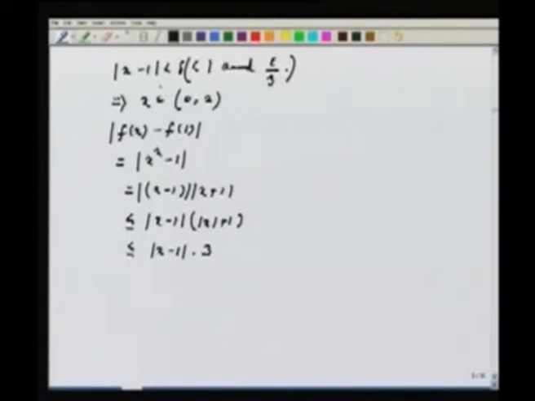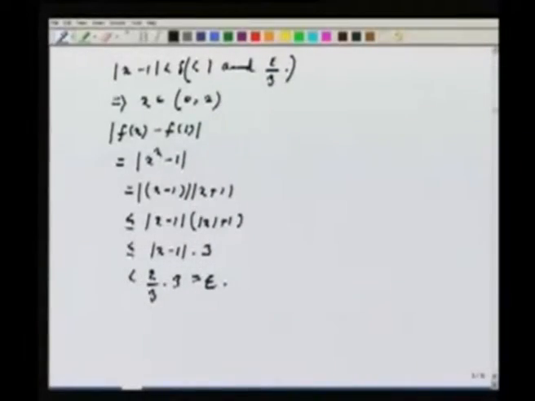But mod of x minus 1 is less than epsilon by 3 also, so this is less than epsilon by 3 into 3, which is equals to epsilon. So you see that this delta works.